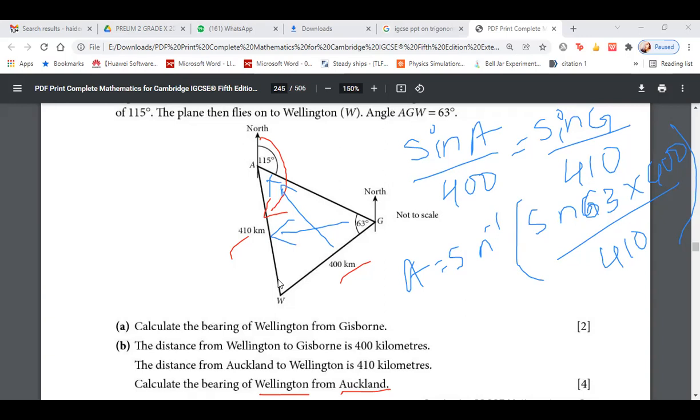Because we are writing the answer for the bearing, we are not writing the answer for the angle. Is this clear? Yes, sir. Sir, will it be 0175 or only 175? 175, in 3 significant figures. Oh, okay, got it.